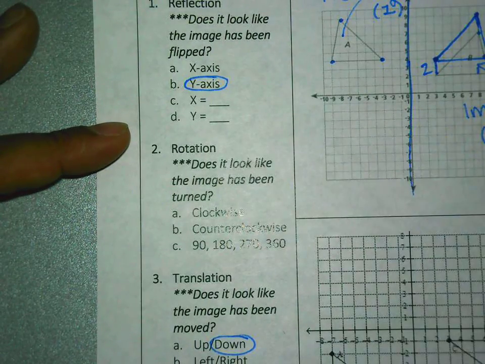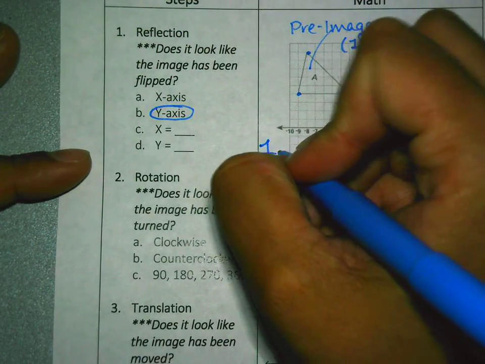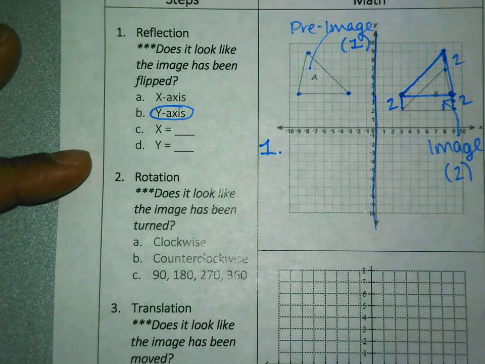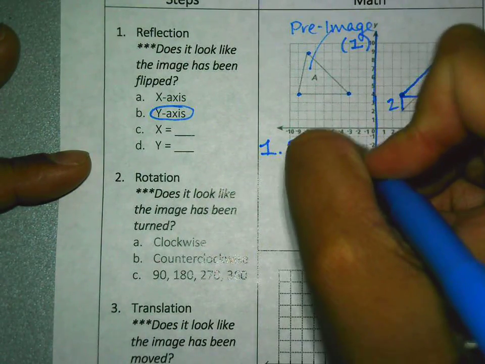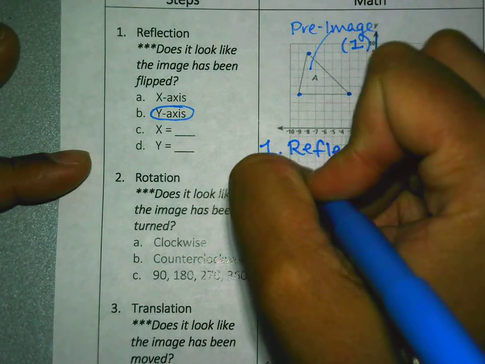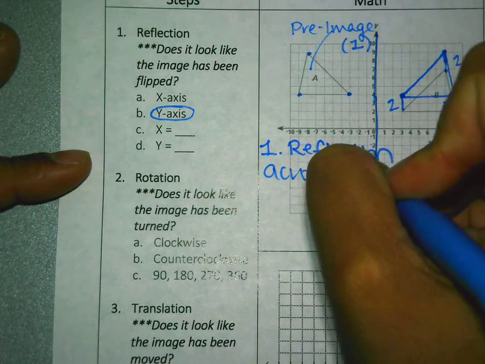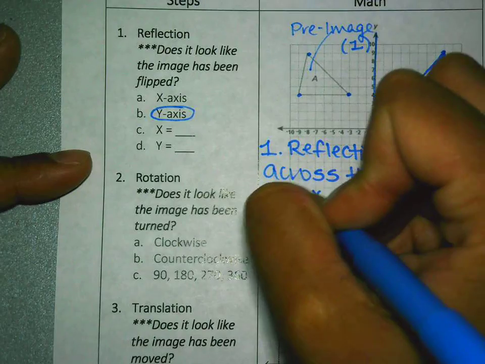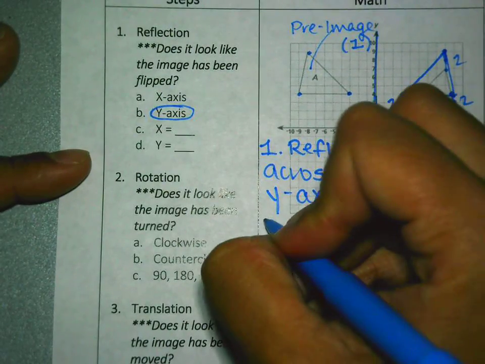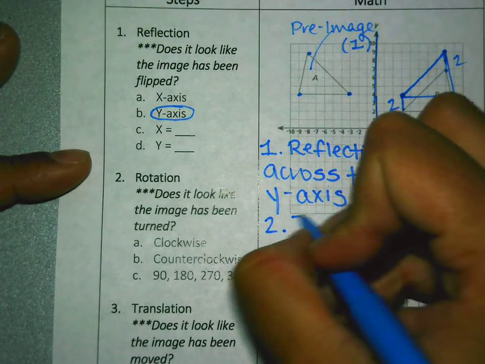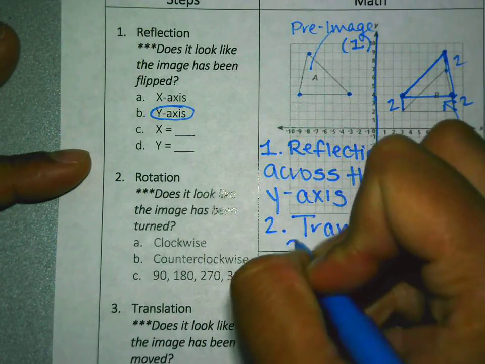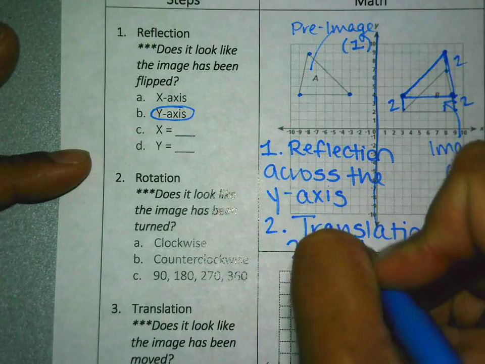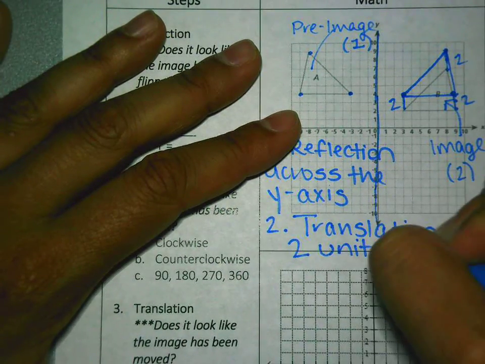I'm going to use this empty quadrant since there's a lot of space here. My first transformation was a reflection across the y-axis. And my second transformation was a translation 2 units down.